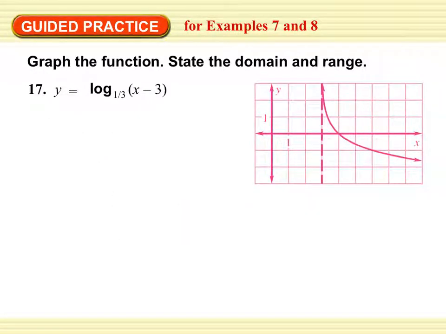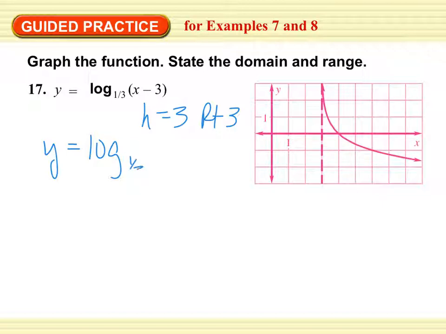Okay, a little bit harder. H is 3, so we're going to go right 3. K is 0, so we're good with that. But I need my form, so we're graphing the parent function, log to the base 1/3 of x. That's not right.